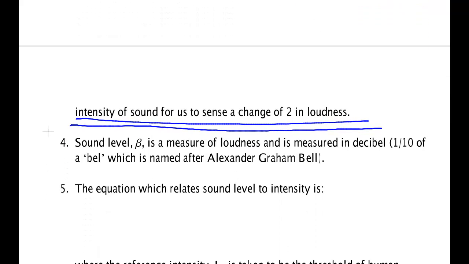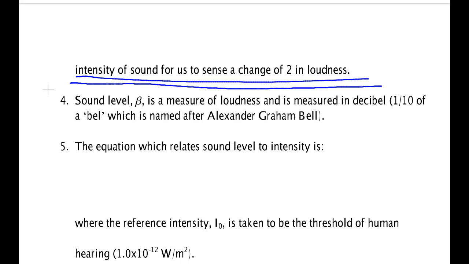Now, one of the guys who studied early on about the nature of hearing was Alexander Graham Bell. And so Bell devised what he's going to call the sound level, and we're going to give that the symbol beta, and it's going to be a measure of what is loudness. So it's a logarithmic scale, and it's measured in the decibel, or dB, and that's 1/10 of a bell.